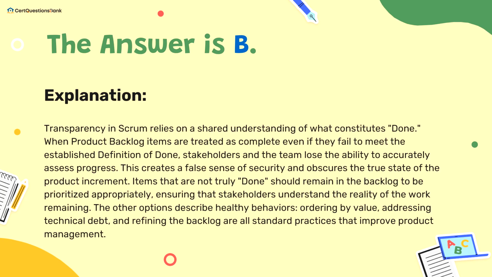Items that are not truly done should remain in the backlog to be prioritized appropriately, ensuring that stakeholders understand the reality of the work remaining. The other options describe healthy behaviors. Ordering by value, addressing technical debt, and refining the backlog are all standard practices that improve product management.